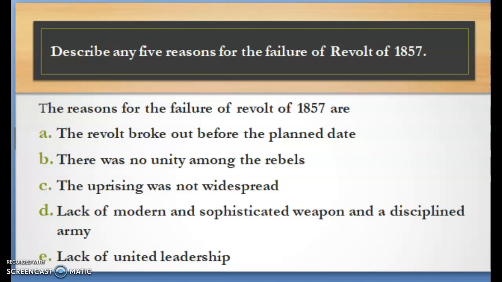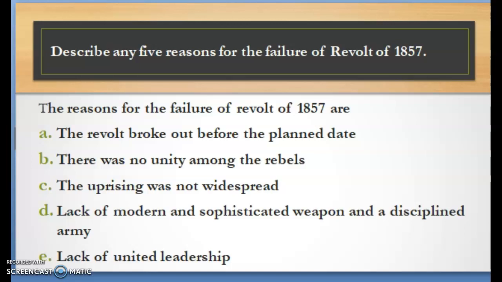There was a lack of this feeling of nationalism. People were not fighting for the freedom of India, but for their own states. They were fighting because the Britishers had annexed their state, because there was discrimination against them, and because they wanted to get away from the exploitation of British policies.